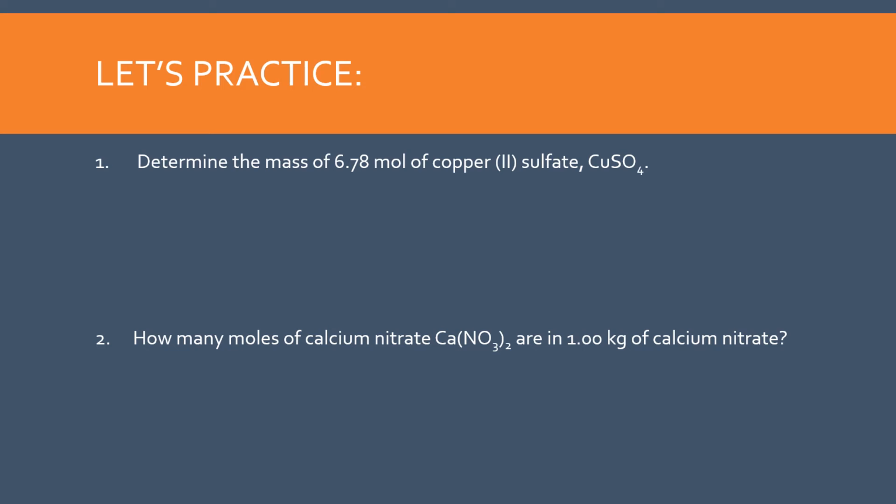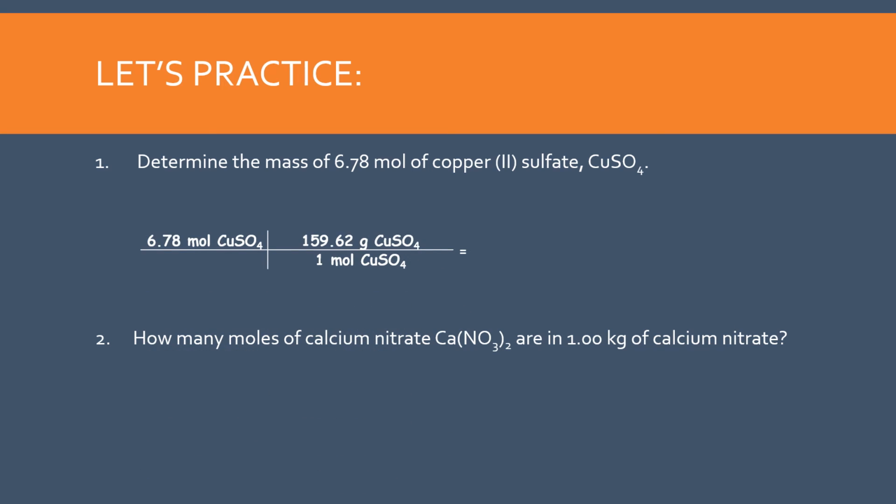All right, here's some more practice examples. Again, I suggest you pause the video and try to do these on your own, and then unpause it and go back just to make sure you did the same stuff I did. So let's take a look at number 1 here. It says, determine the mass of 6.78 moles of copper 2 sulfate. So again, that's always what we start with in our left-hand box of the T-chart.